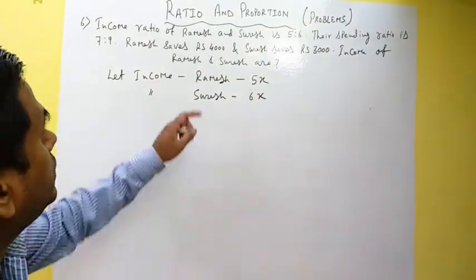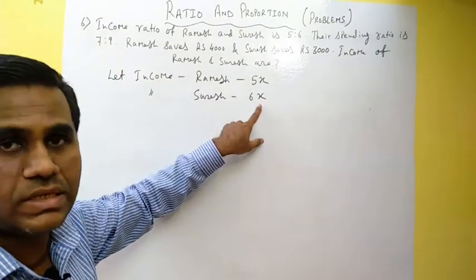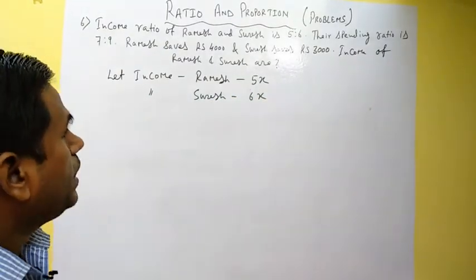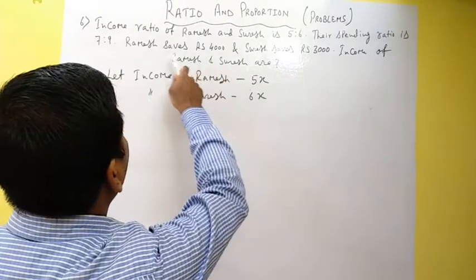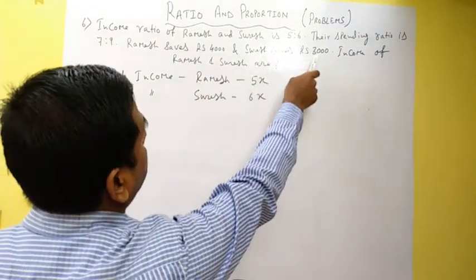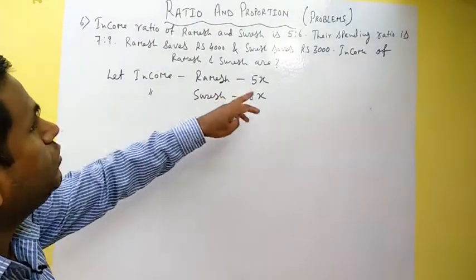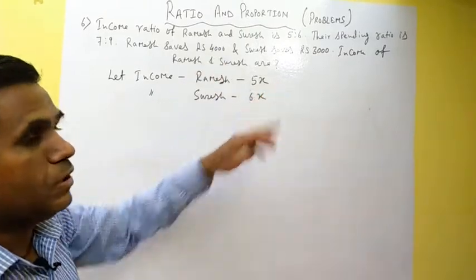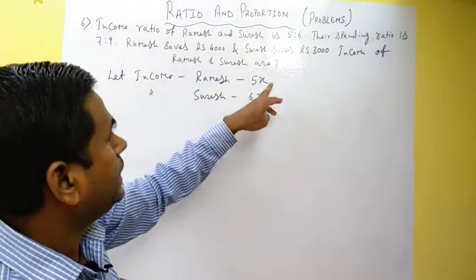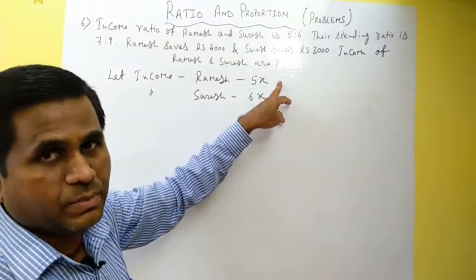Their income ratio is 5:6, so their income in rupees is 5x and 6x. Now how much are they saving? 4,000 and 3,000. Ramesh is saving 4,000.